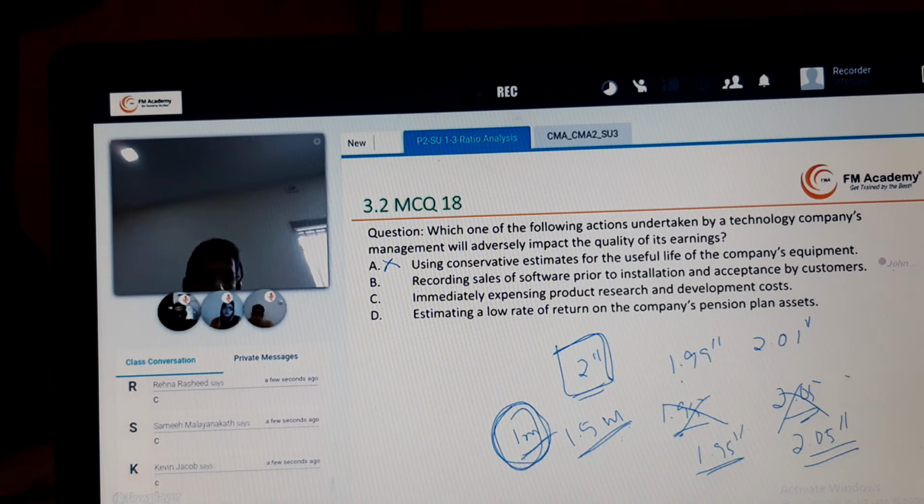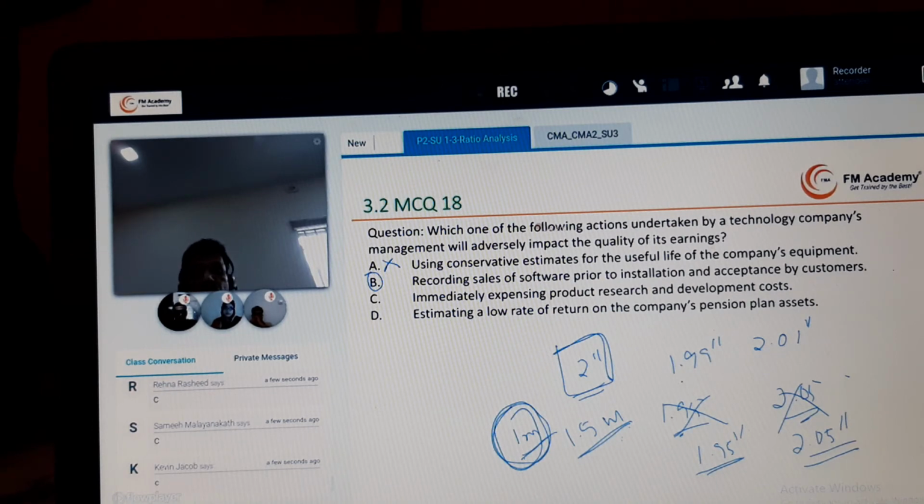So that can really bring down the future profit. That can adversely impact the quality of earnings. So this is correct. This can adversely impact. Recording sales before the installation is done and acceptance by the customers is like exaggerating sales, right? Overestimating sales, not becoming conservative. It's the opposite. That can really bring down the quality of earnings.